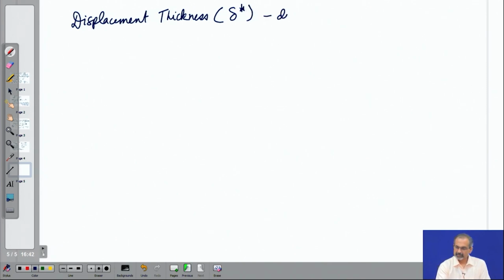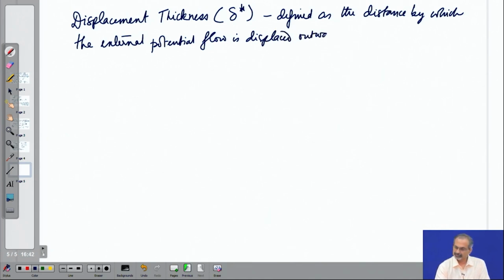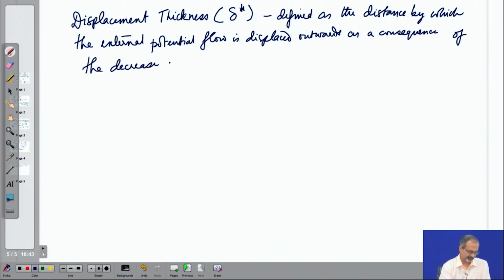It is defined as the distance by which the external potential flow is displaced outwards as a consequence of the decrease in velocity within the boundary layer.